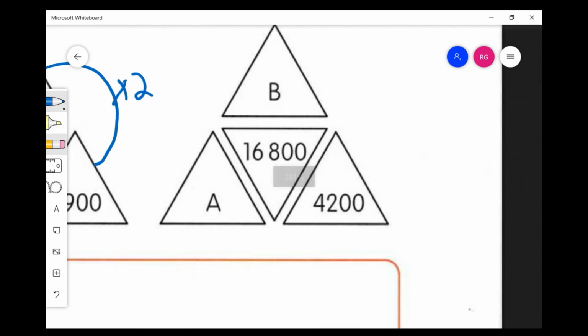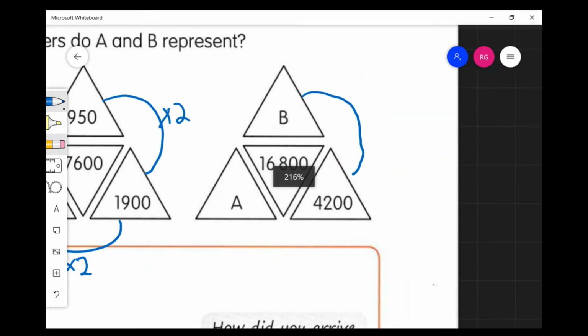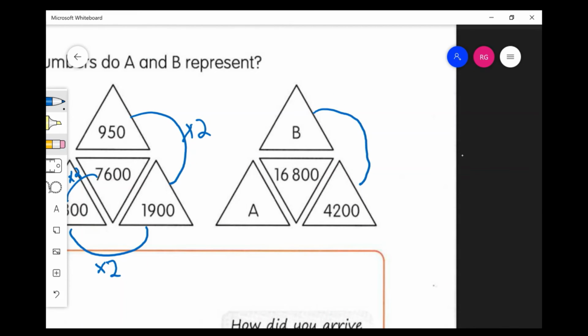So we're finally here at A and B, and we can think here something doubled is going to be B. So I could think that whatever that B is, if that doubled is 4,200, really half of 4,200 would be B. But I could also think about this. Let's see here. I know what this is going to be.